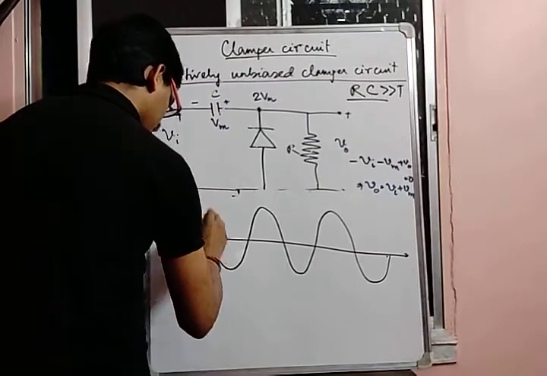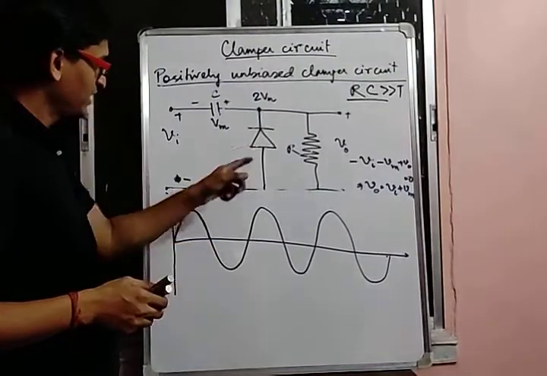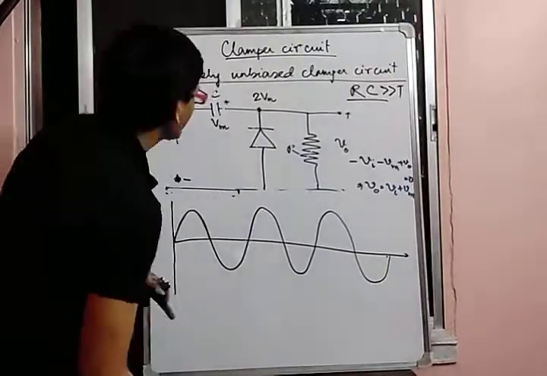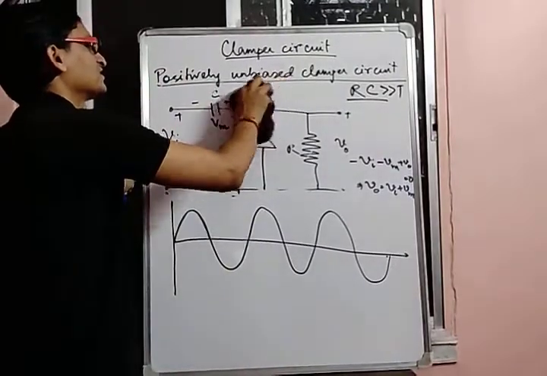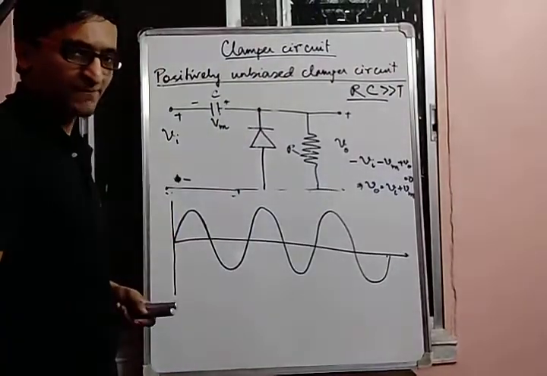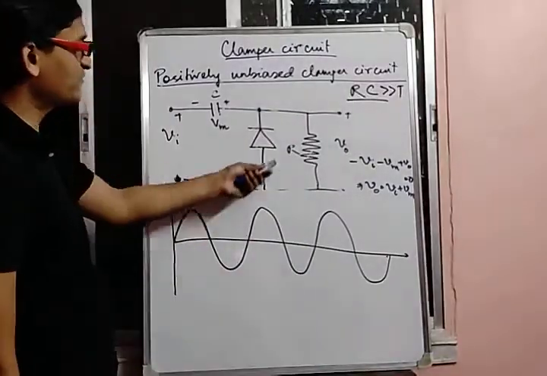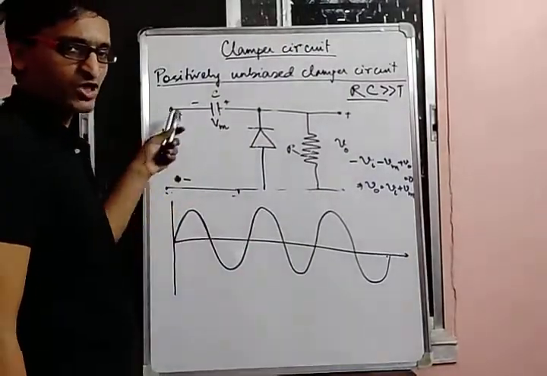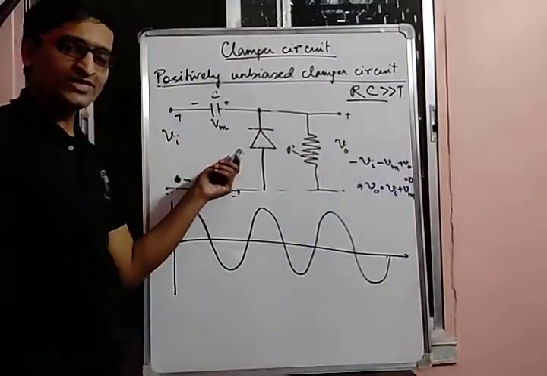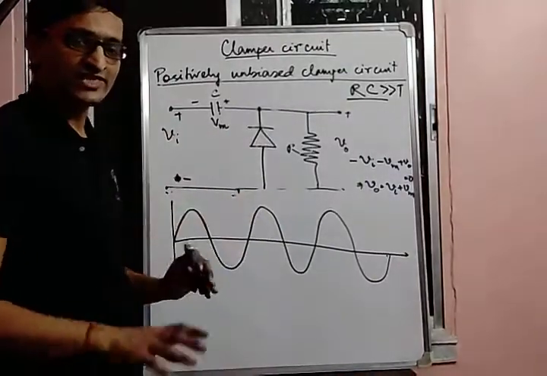That means like this. Now during the negative half cycle, this particular diode will become forward biased. Since this diode is forward biased, it will act as a short circuited path. As a result, no current will flow through this resistance R. Since it's short circuited, its resistance is 0.